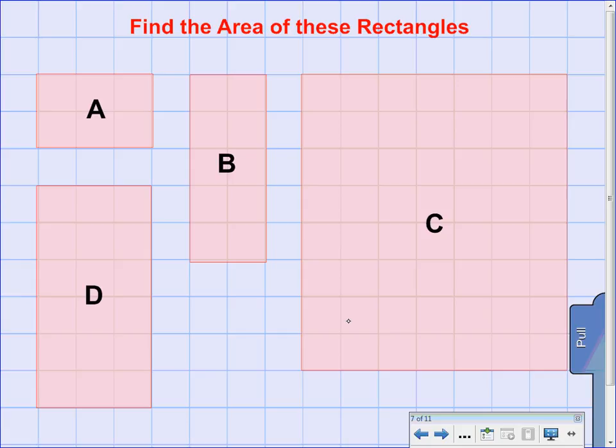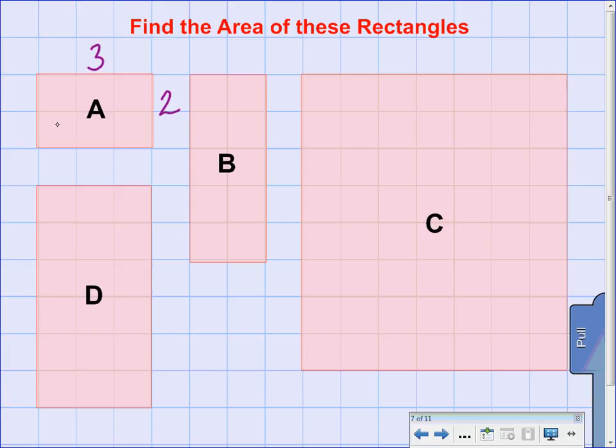Okay, let's do these. Now for these, we have to actually count the units down the side to find what the side lengths are. So we've got 1, 2, 3, and 1, 2.